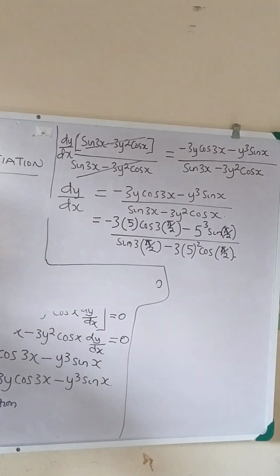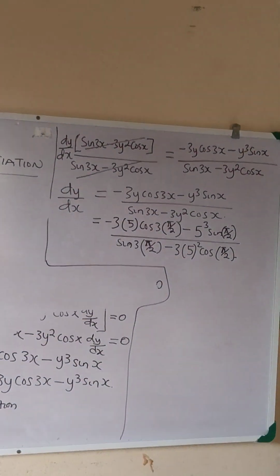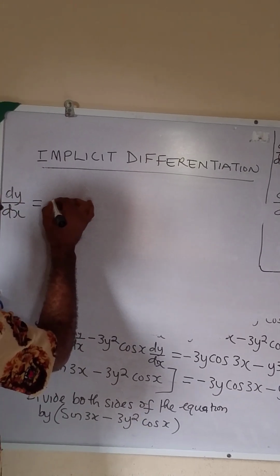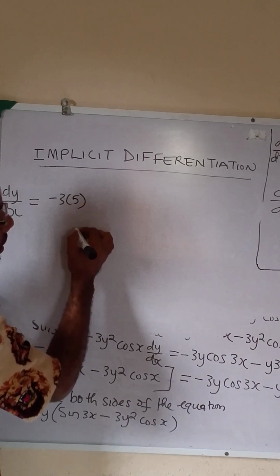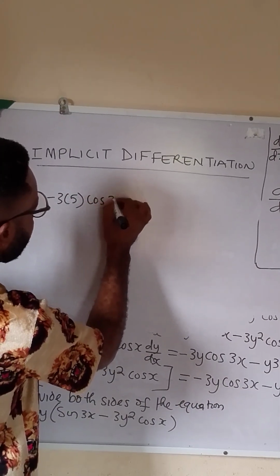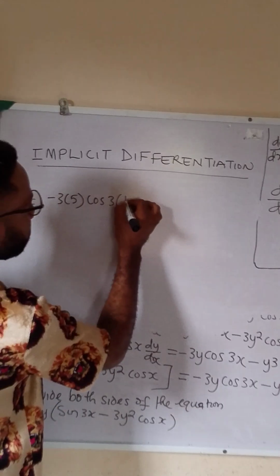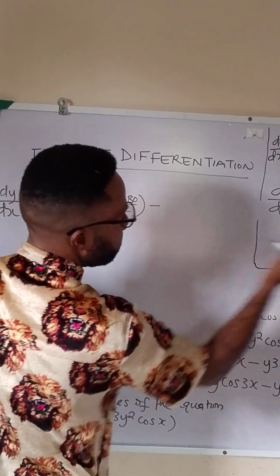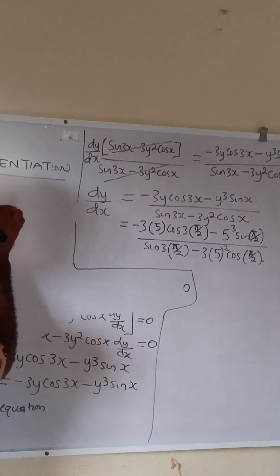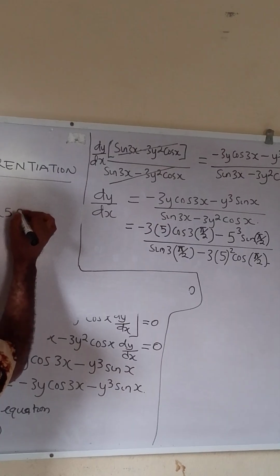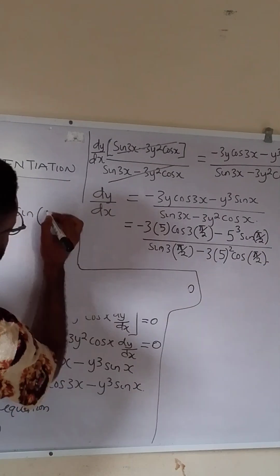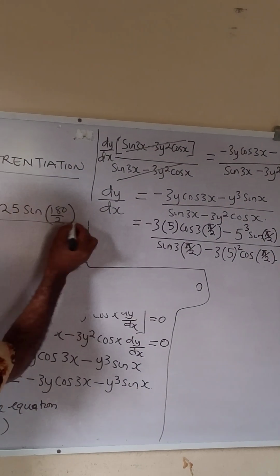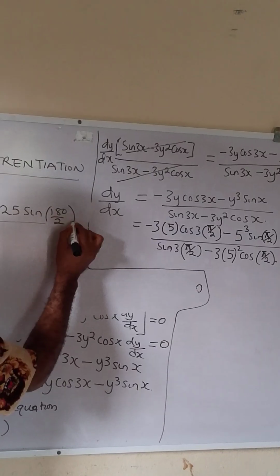From here we have that dy/dx will be equal to minus 3 into 5 cos 3 into, our pi is 180 degrees, divided by 2, minus 5 raised to power 3 is 125, sine into pi is 180, so 180 divided by 2.